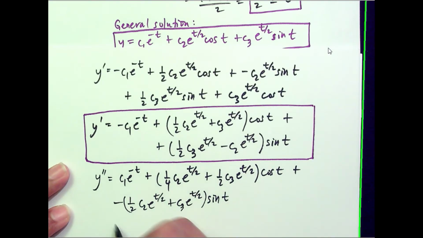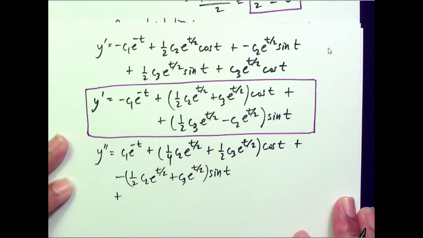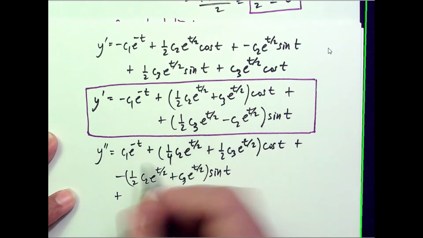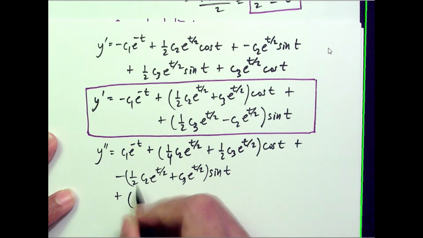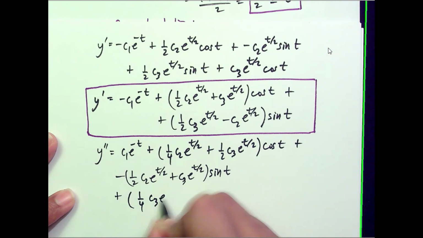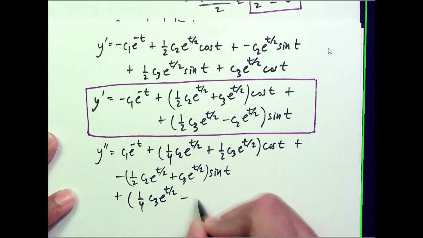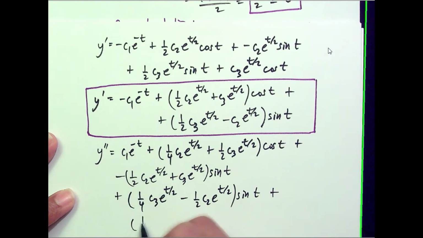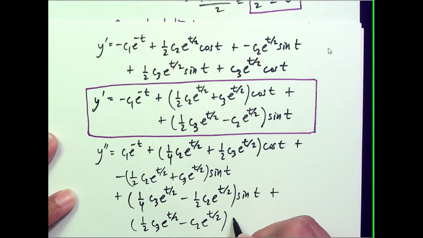Okay, now let's continue. Now do the same thing here. Product rule. The derivative of the first, well, you get a quarter because you get another half from there, so a quarter c3 e to the t over 2 minus 1 half c2 e to the t over 2 as the derivative of the first times the second plus the first times the derivative of the second.